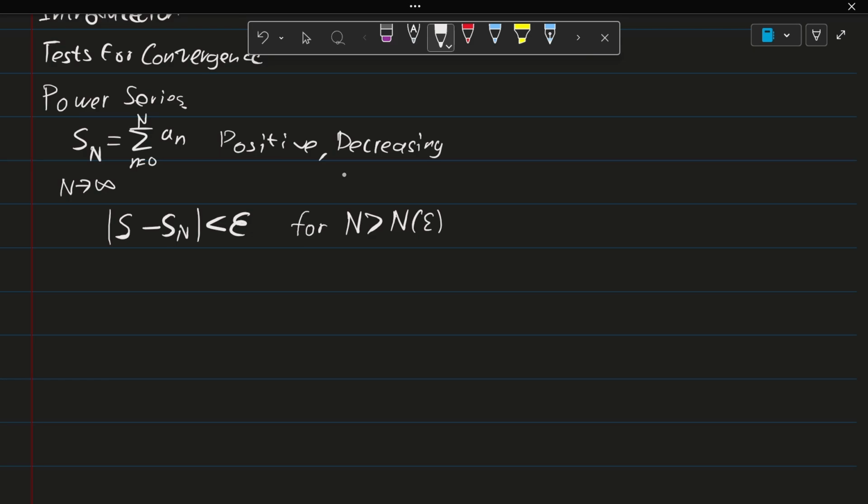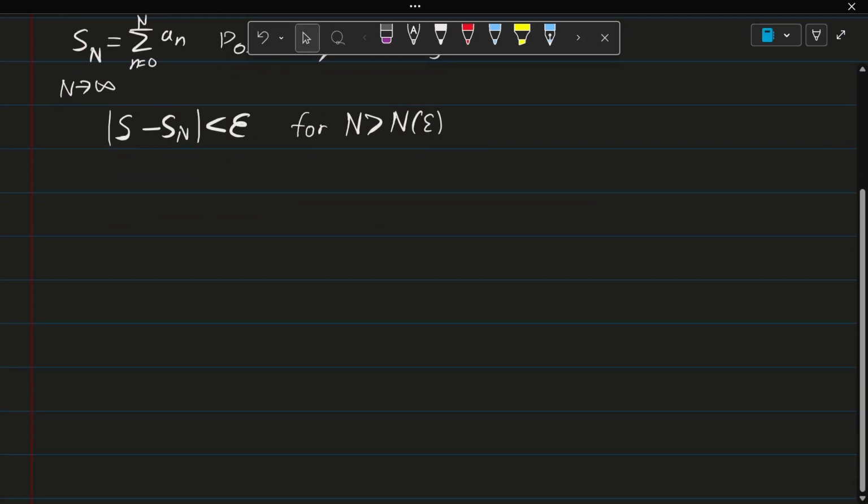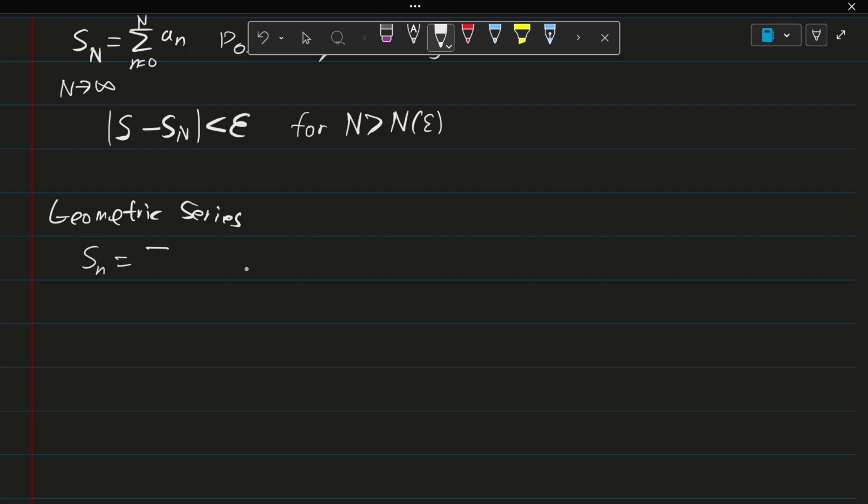So let's just do one type of infinite series, and we'll call this the geometric series. The geometric series will be Sn equal to the sum from n equals 0 until n of r to the power of n.